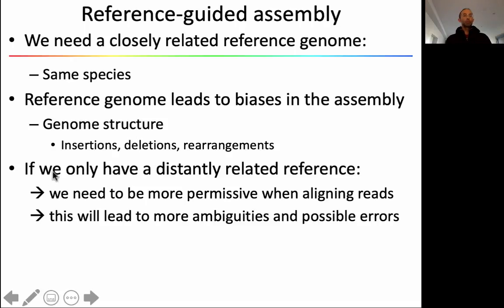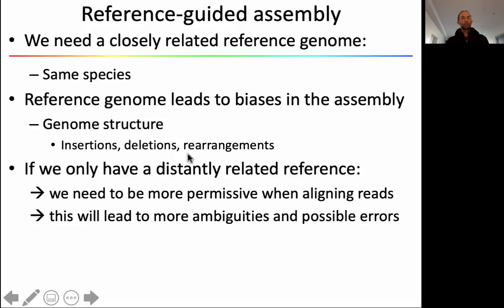So if we have a more distantly related reference genome available, then we would also need to be more permissive when aligning the sequencing reads to the reference, because of course also point mutations will have increased at a larger phylogenetic distance, and this could lead to ambiguities in where the sequencing reads are mapped and potentially to errors in the reconstructed genome sequence.